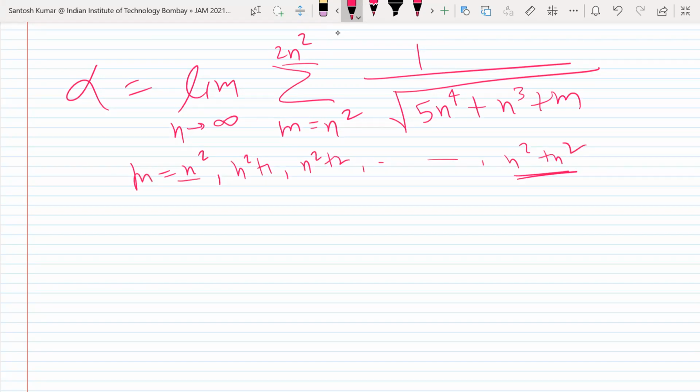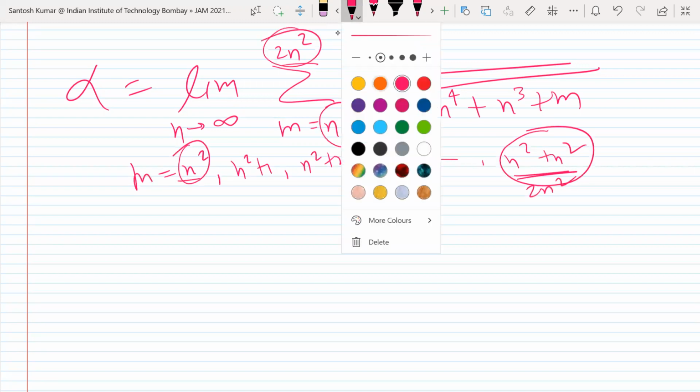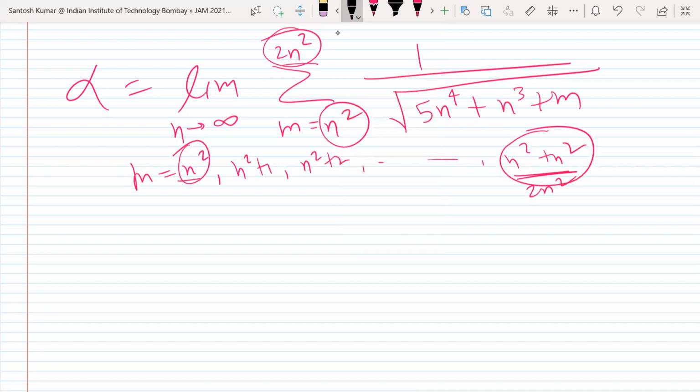So total terms are n square plus 1. So m has a minimum value n square and m has a maximum value n square plus n square, meaning 2n square. M starts with n square, goes till 2n square.